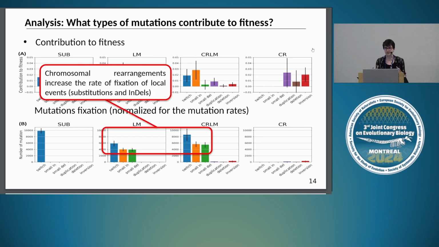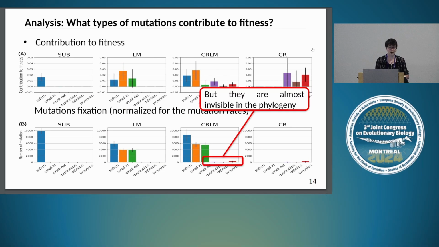But the big difference is that here on the bottom, we have the fixation rate, the number of fixations of mutations in our different mutational scenarios. And we can see that the presence of chromosomal rearrangements increases the rate of fixation of local events. So it's not that they themselves have a huge impact, it's that they potentiate local mutations and they allow for more beneficial local mutations to be fixed.